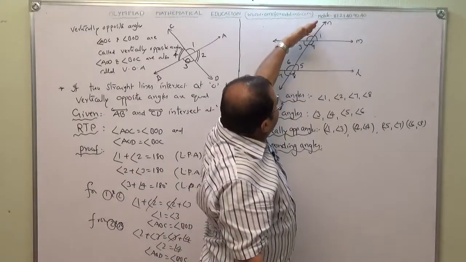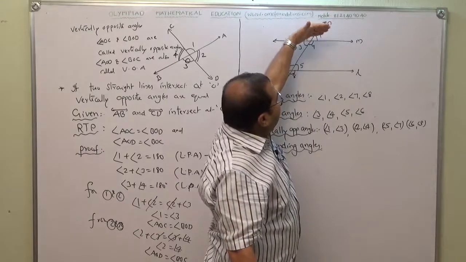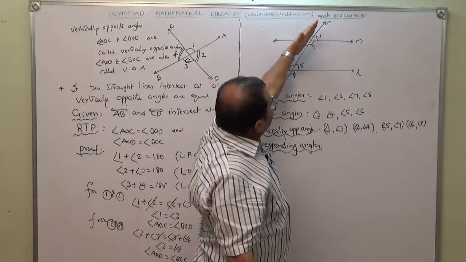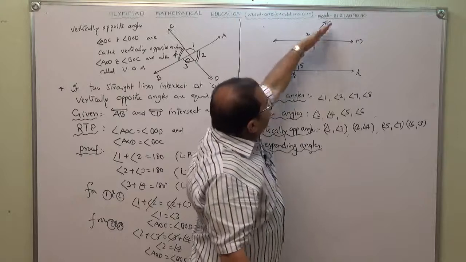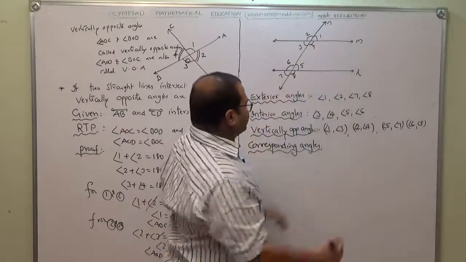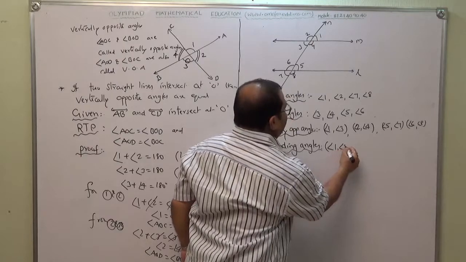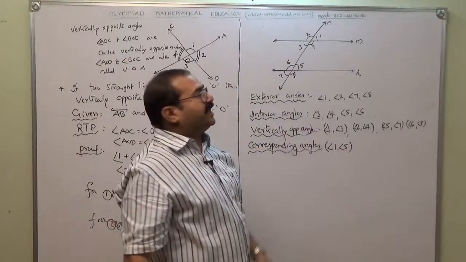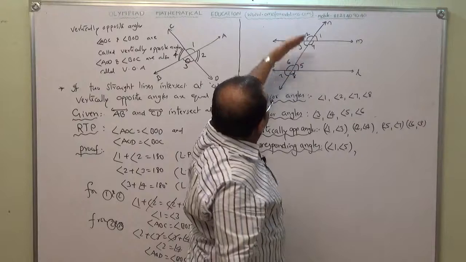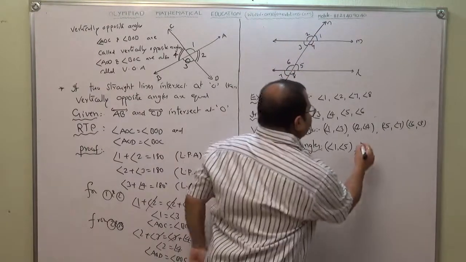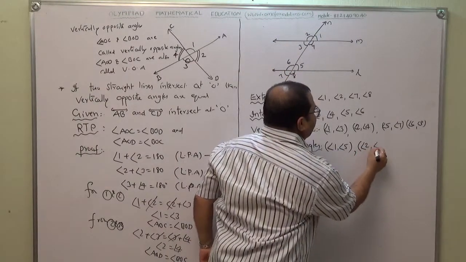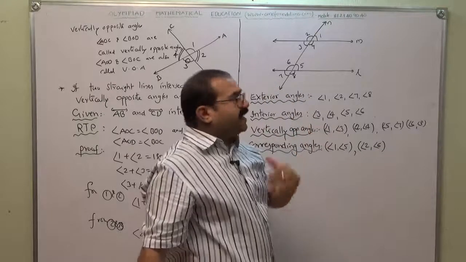You see this transversal intersects at this corner and this corner. So 1 and 5 seem to be corresponding. Angle 1, angle 5 are corresponding angles, angle 2 and angle 6 are corresponding angles.